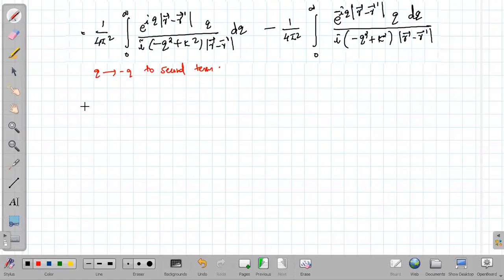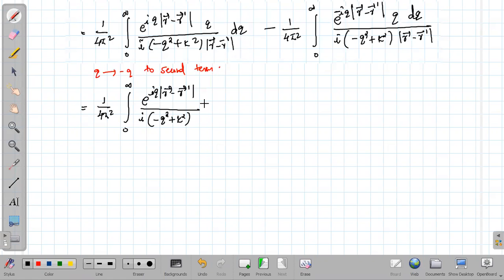If you are putting q to minus q in the second term, what will you get? 1 upon 4 pi square, 0 to infinity, e raised to iq modulus of r minus r prime divided by i times minus q square plus k square modulus of r minus r prime q dq, minus 1 by 4 pi square.